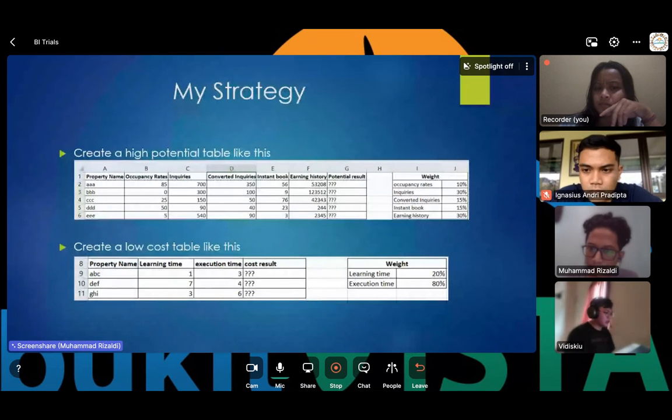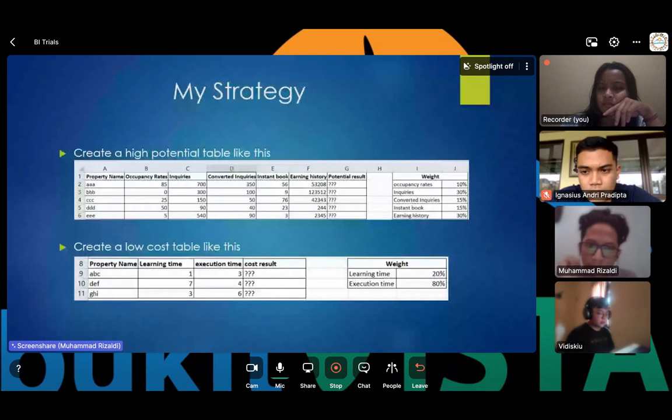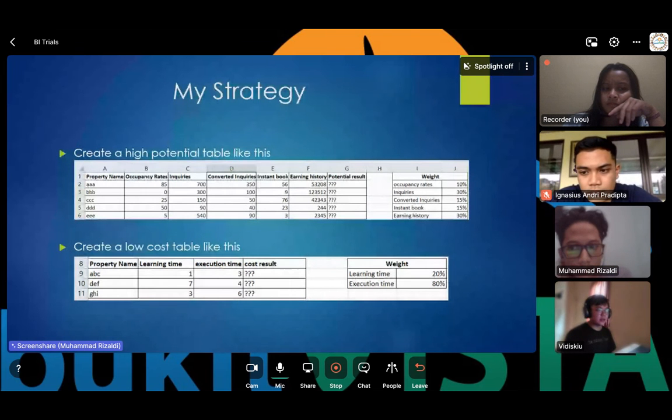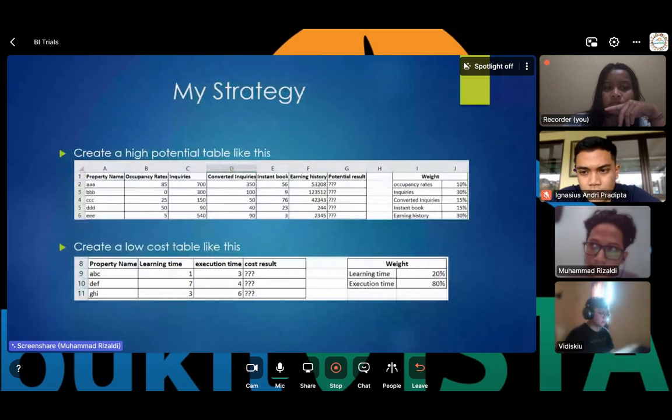My first question is: are there any weights to these features? I'm thinking of adding views before the inquiries. Ada pembobotannya nggak? Oh wait, no, I do this from reference from the previous BI scrums by Kak Bayu. He used the weight, so I chose the same weight.